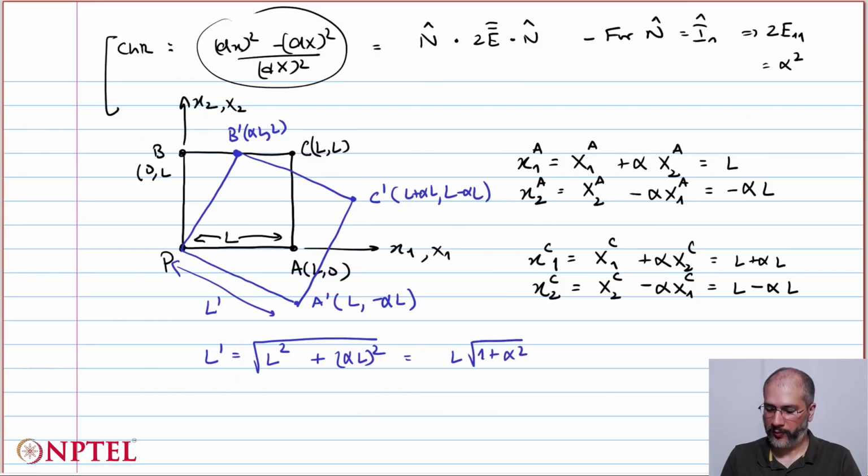So this definitely is not a pure rotation, because the length has changed. There is some stretching as well. But again, we'll not worry about that for now. We will discuss how to understand finite deformations in the coming week.